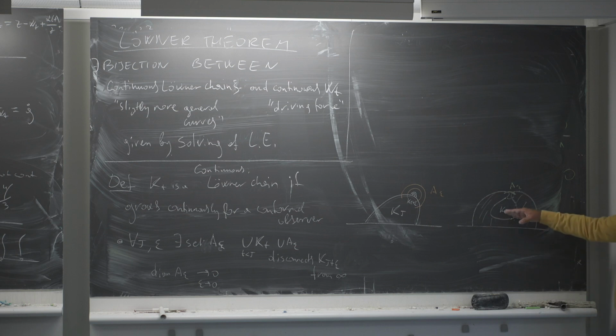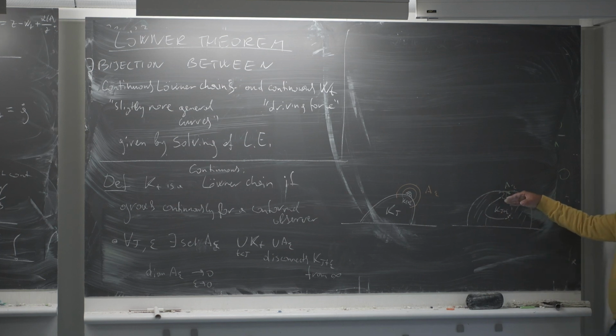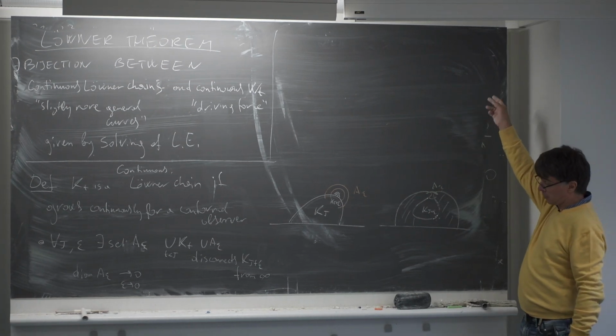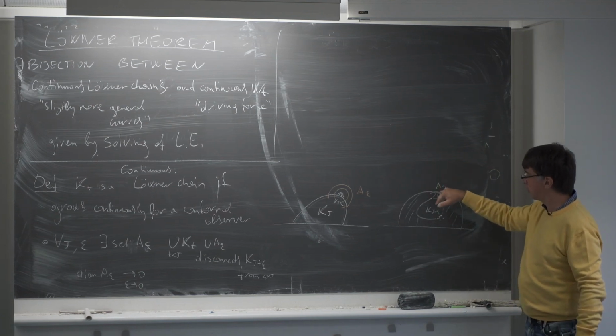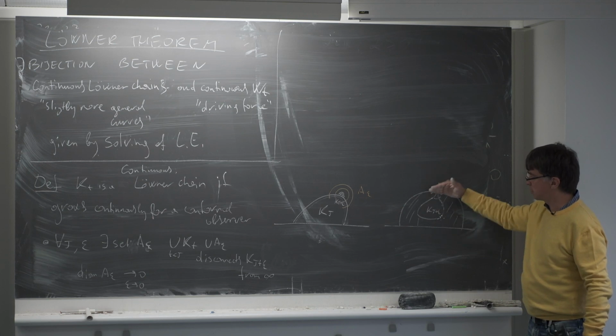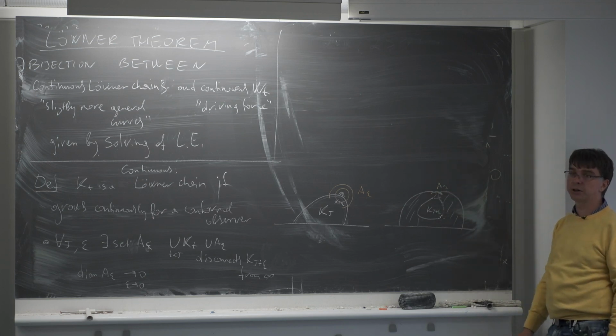So I can grow something Euclidean big, but for a conformal observer it's small, because you can build a very small dam which separates this bay completely.